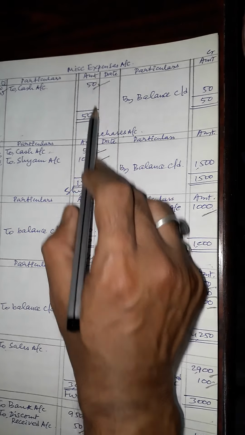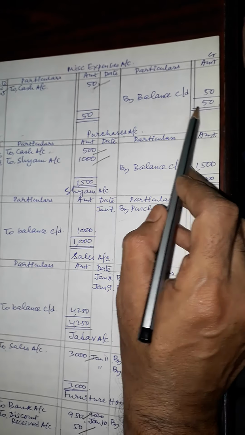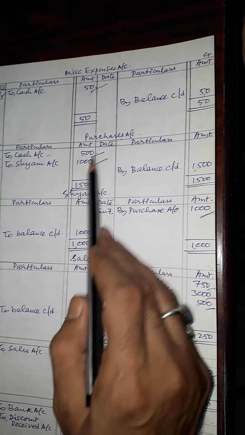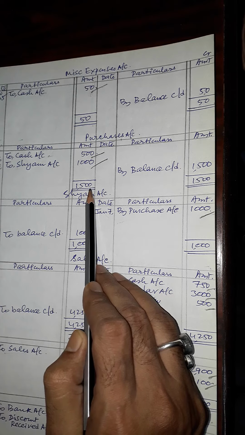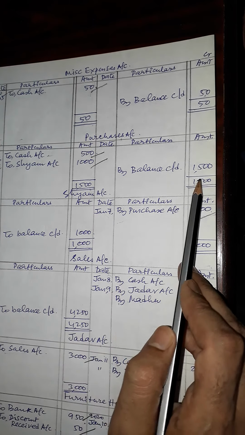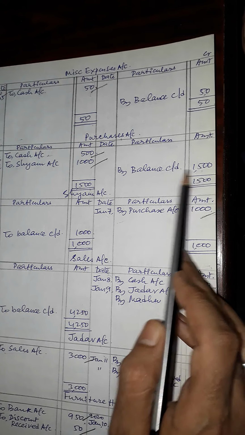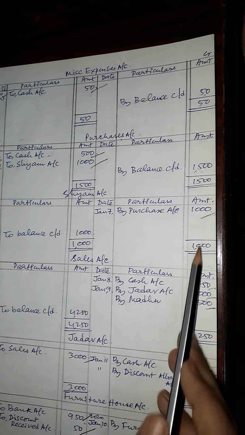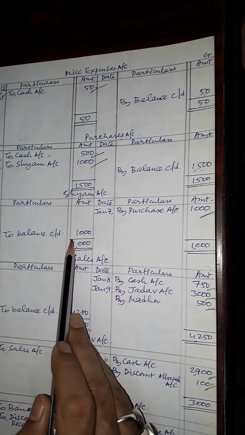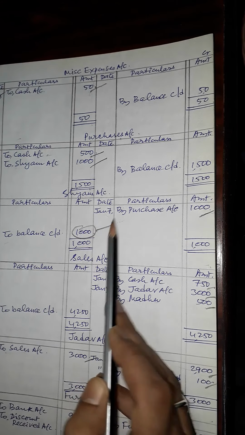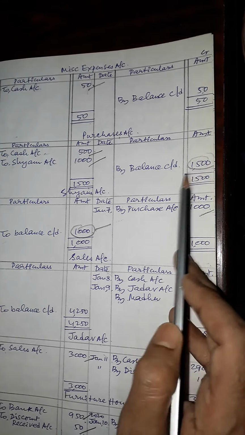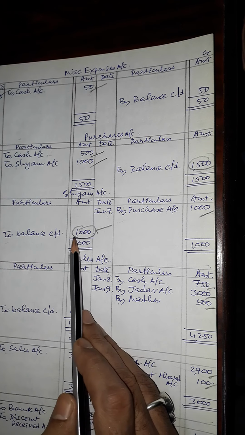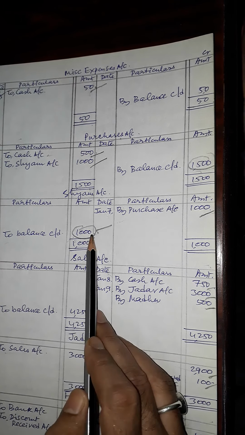Again, miscellaneous expenses, we have closed this account and the closing balance is 50 rupees. Purchases account, total is 1500. We have closed the account, balance is 1500. Shyam account, we have totaled the account, the closing balance is 1000. The closing balance appears in the debit side, so it is a credit balance.